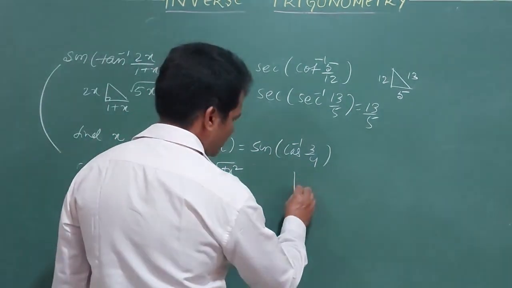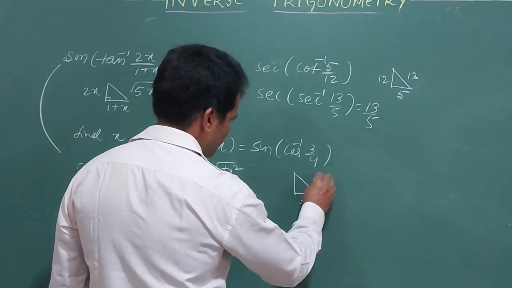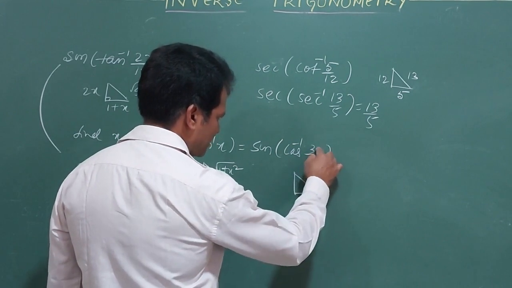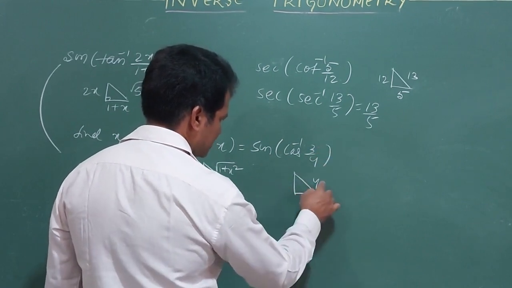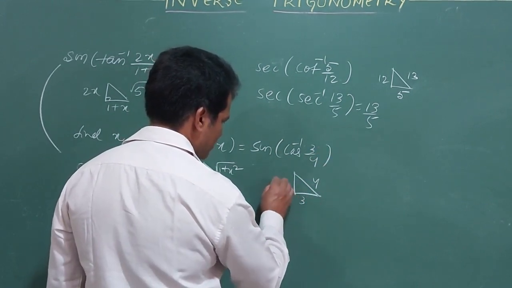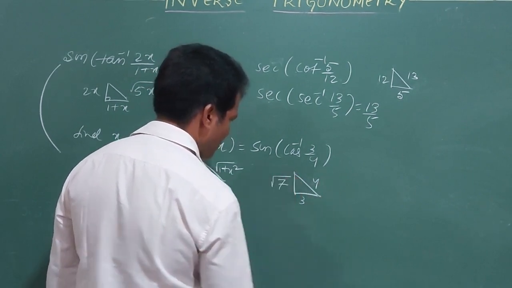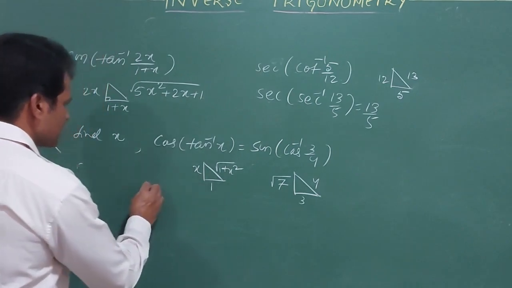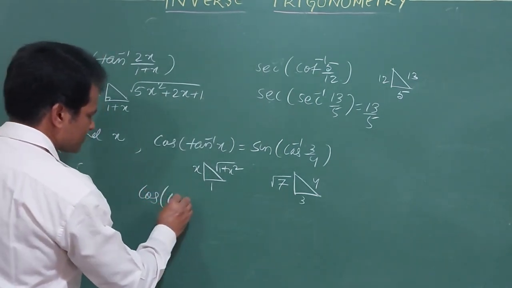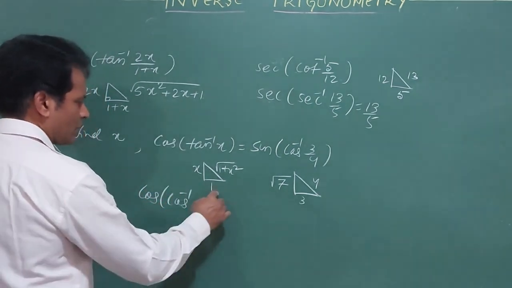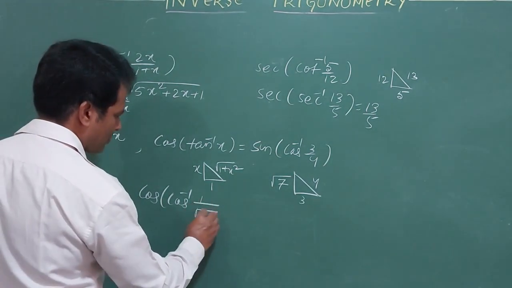Cos inverse 3 by 4: perpendicular is root of 16 minus 9, which is root 7, over hypotenuse 4. So let's solve this question now. Cos inverse 1 by root of 1 plus x square.